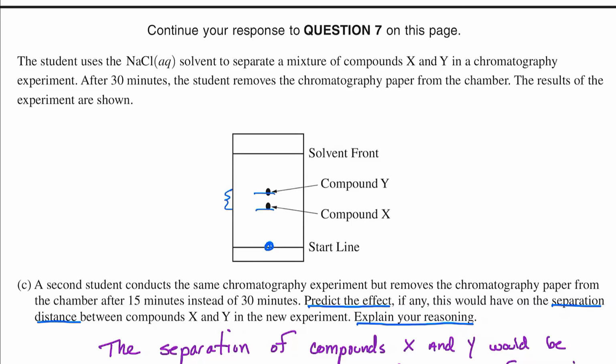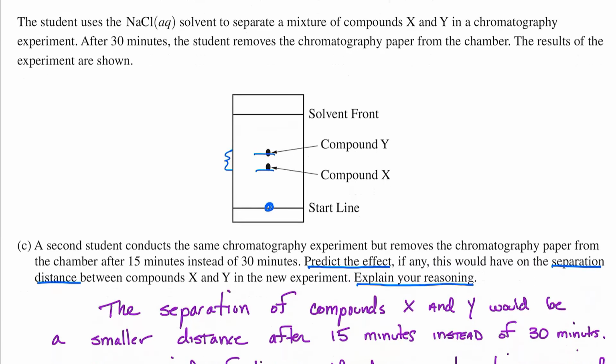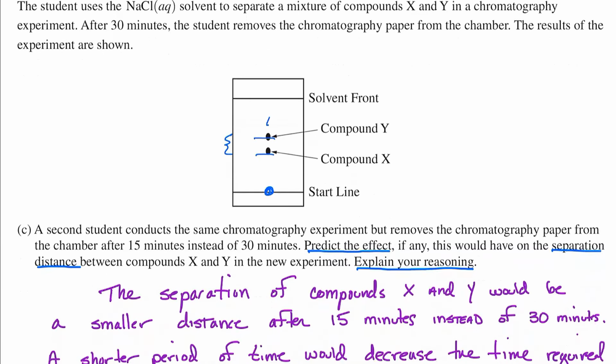Okay, and the reasoning is that, first of all, compound Y is more soluble in the solvent, the sodium chloride solution, than X. So it was more similar in its attractive forces. Therefore, it was moving up faster as the solvent moves up the chromatography plate by capillary action. Compound Y had more similar attractive forces, was more soluble.